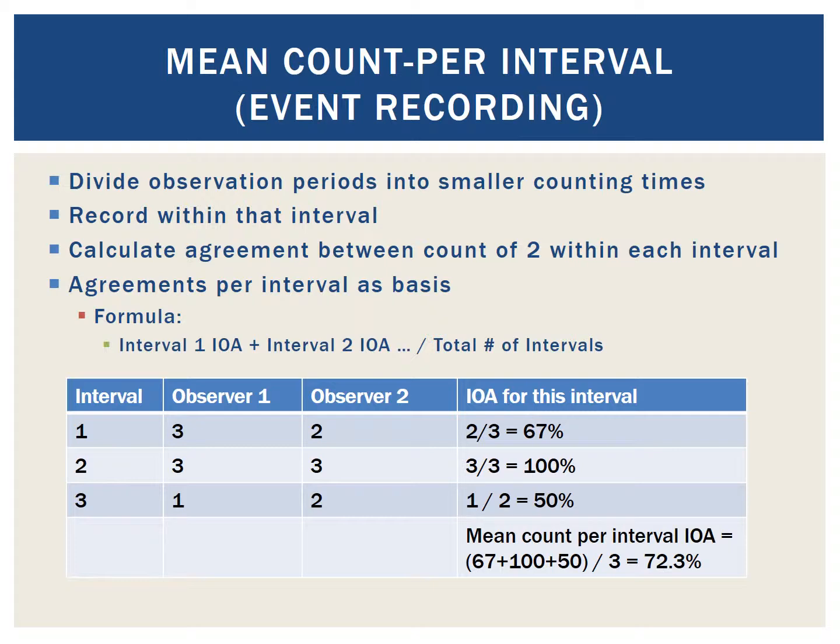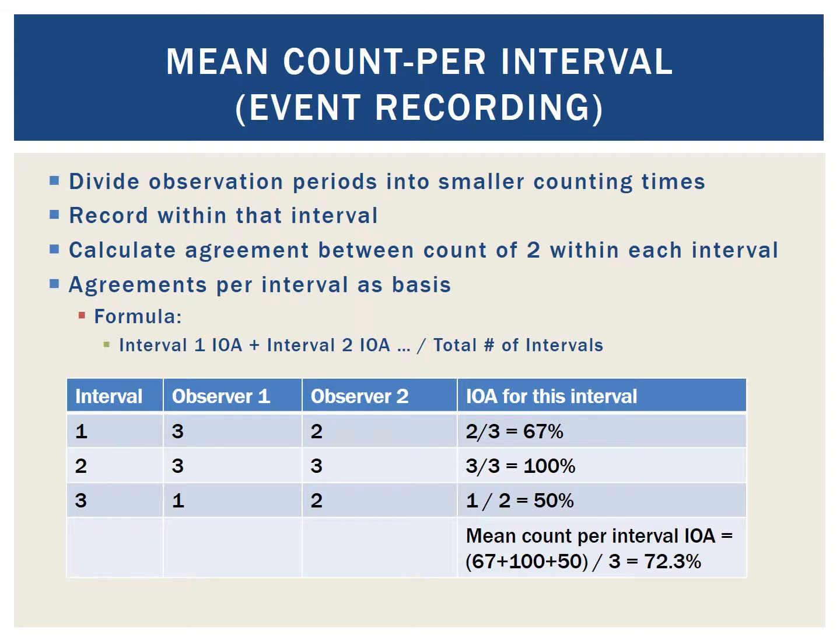While this isn't considered interval recording, you're doing event recording with a session that is subdivided into smaller segments of time. So let's say you are observing for a 1 hour session and you're doing frequency data. With this method, you would divide your 1 hour session into, let's say, 4 15-minute chunks.